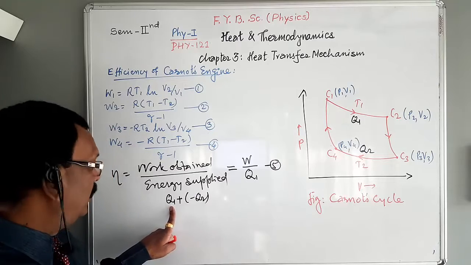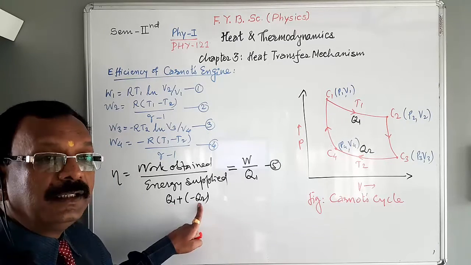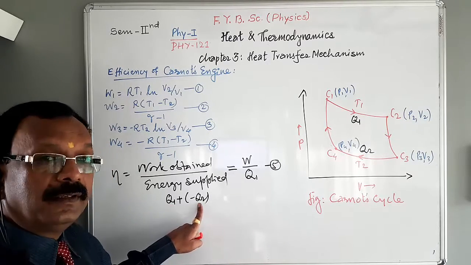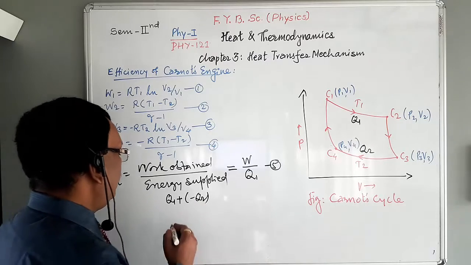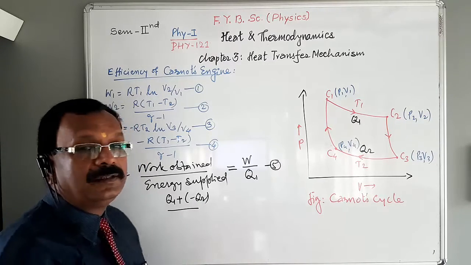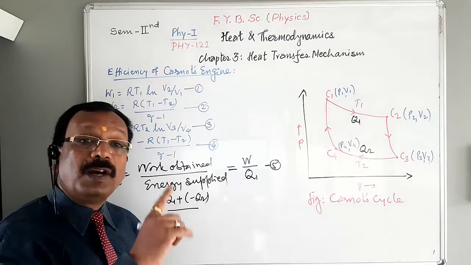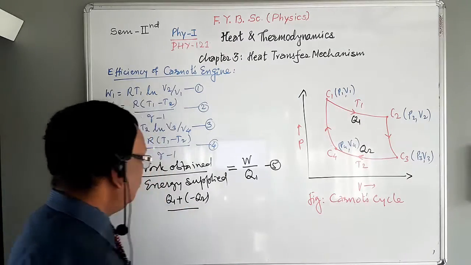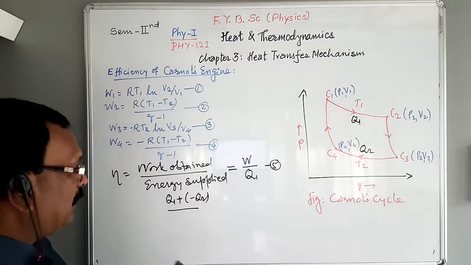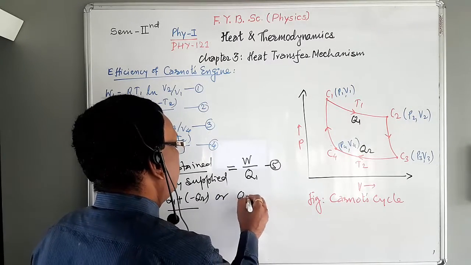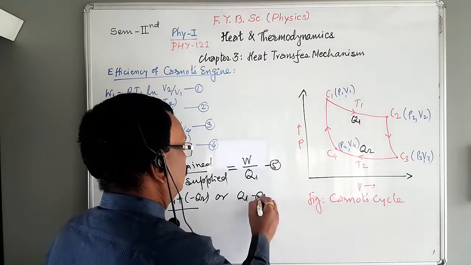Why this positive? Because heat is absorbed, and this is negative because heat is rejected. Hence, total heat or net amount of heat absorbed by the gas during one complete cycle is nothing but Q1 plus minus Q2, or simply Q1 minus Q2.